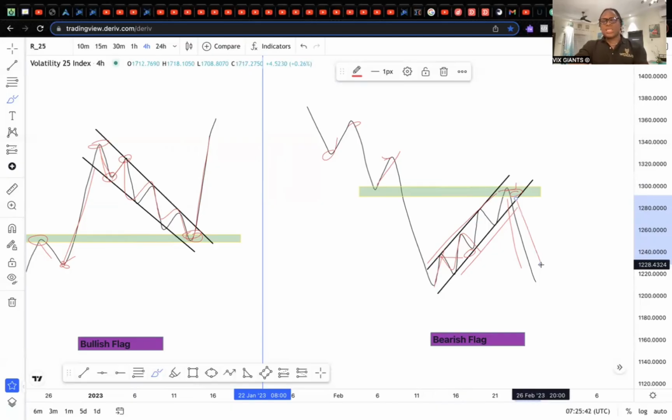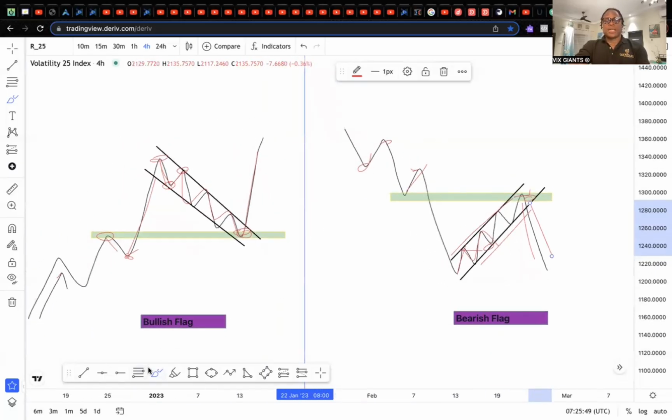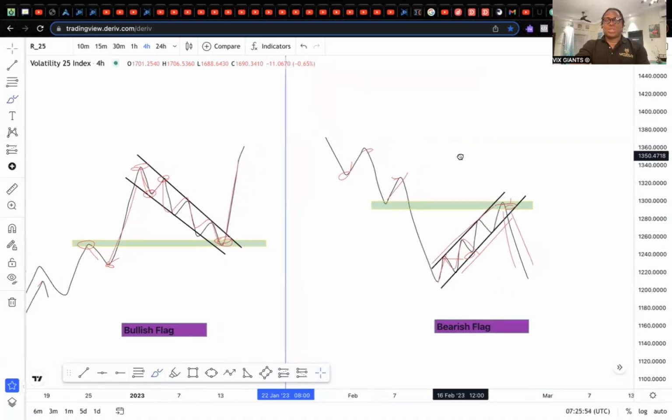So these examples that I went through, the patterns, are what I normally look for the most in the market, and I make an educated guess based on what I normally expect to happen when I see this type of movement. Of course, along with other confluence in the market. And like I said, once you understand market structure and market patterns, you will realize that it's just market structure.